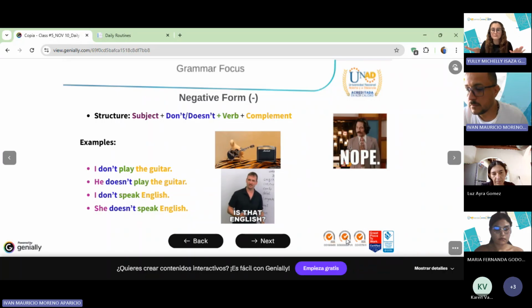The verb is like this: play, normal. In this case, pay attention, girls, because when we talk about negative statements, we don't have to add the letter S to the end of the verb, okay? If you are going to talk about he, she, it in a negative form, you don't have to use the letter S at the end of the verb.